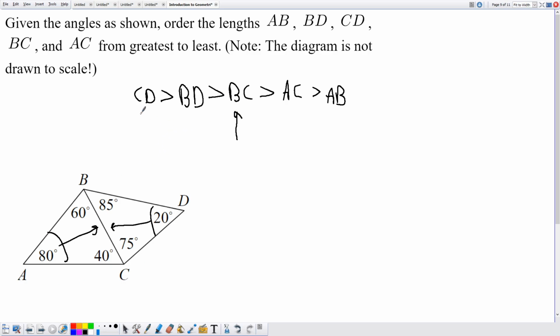All these sides here belong to triangle BDC, and BC is the smallest of that triangle. All these sides here belong to triangle ABC, and BC is the largest of ABC.